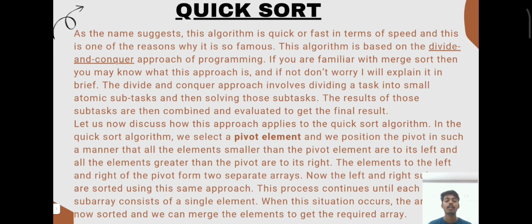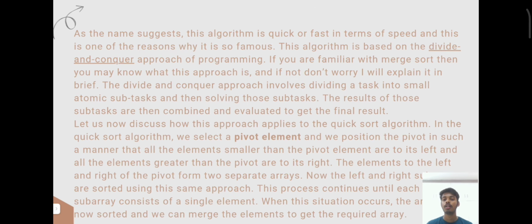Now the left and right elements are sorted using the same approach. This process continues until the subarray consists of a single element. When this occurs, the elements are sorted and we can merge them into the required array.